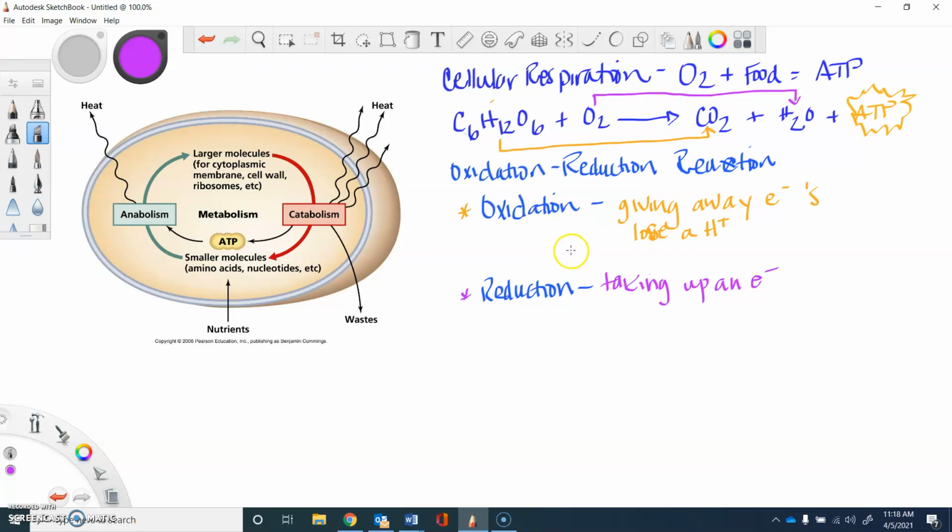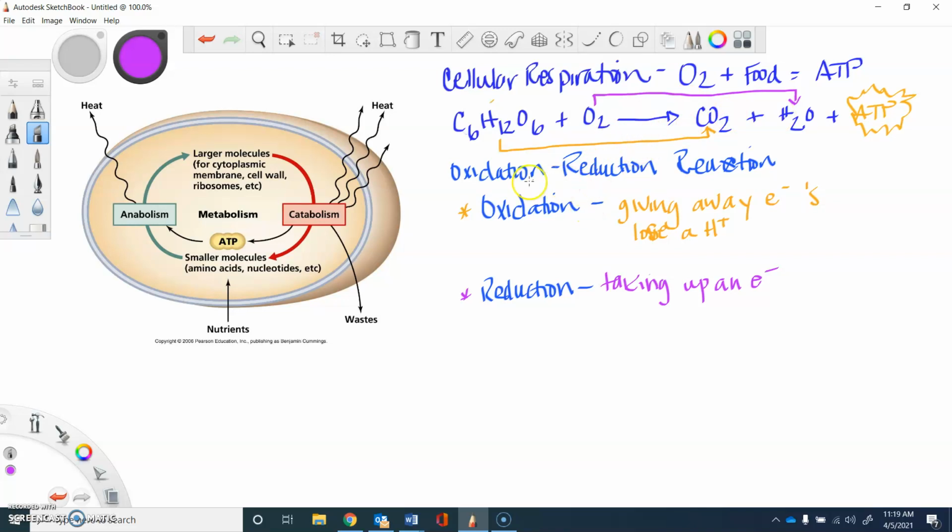So this reaction is going to involve several pathways that allow for the breakdown of this glucose molecule to liberate those electrons out of it, and then basically take those electrons and use them and then send them over to the oxygen to make water.